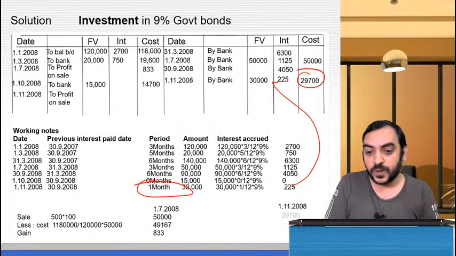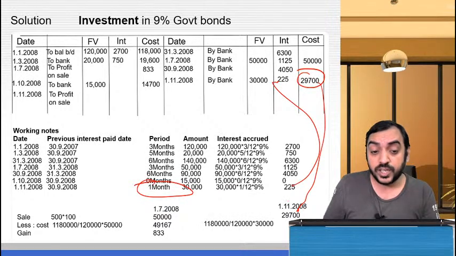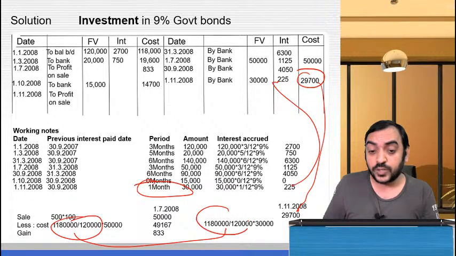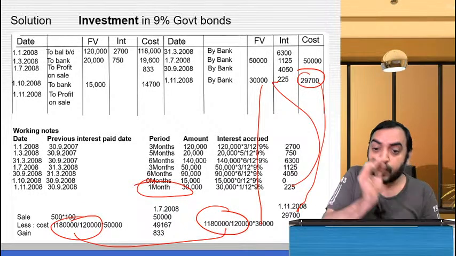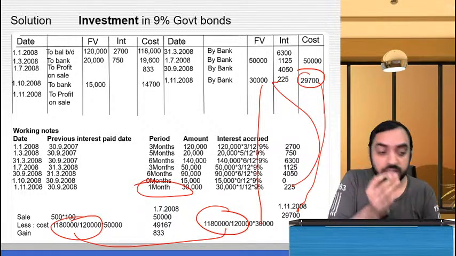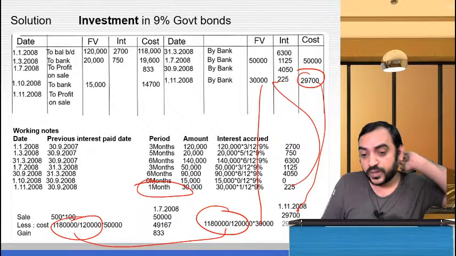Let's compute the profit or loss. The sale value was 29,700. How much is cost out of original holdings? First in, first out method. 1,18,000 by 1,20,000, same proportion. But face value sold is 30,000. For 1,20,000, the cost is 1,18,000. For 30,000, how much is the cost? Balancing figure proportionate, you get 29,500.